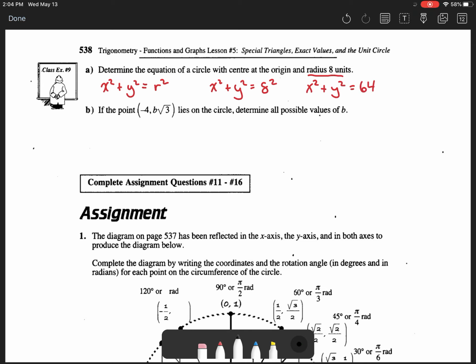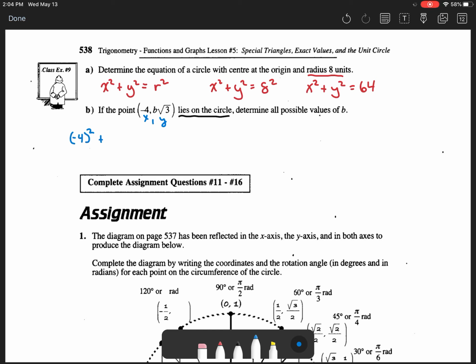Okay, so pretty straightforward. Now, the last part says if the point -4 and then b root 3 lies on the circle, determine all possible values of b. So again, the key phrase here is that it lies on the circle. Now, not the unit circle, but on this circle. So what I would do is, again, this is an x, and this is a y coordinate, and it lies on my circle.